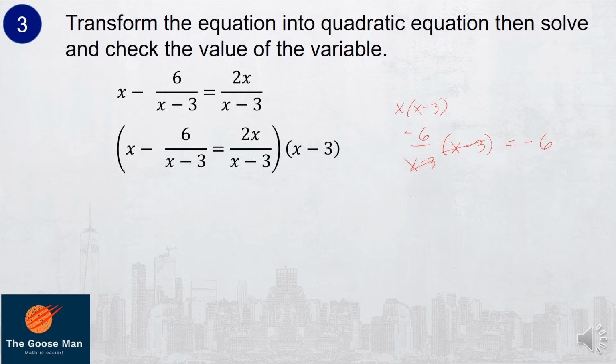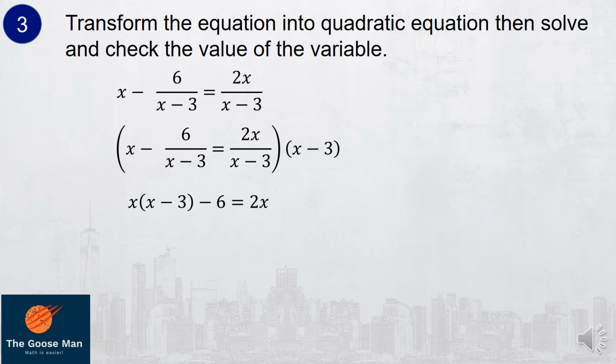And also, 2x times x - 3 over x - 3, I can factor out x - 3, so we have now 2x as the answer. Therefore, I can rewrite this as x(x - 3) - 6 = 2x.